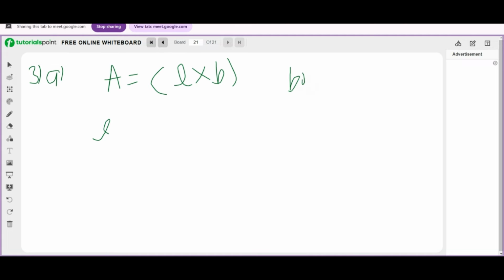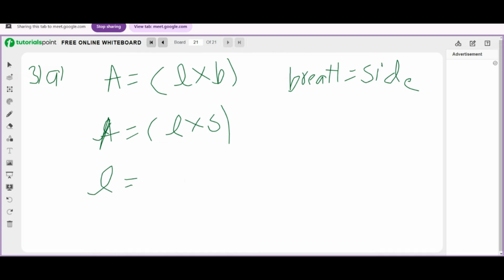You can say this breadth is equal to side here. I will write area is equal to L multiplied by S. Now I have to separate the L, so L is A by S, like this.